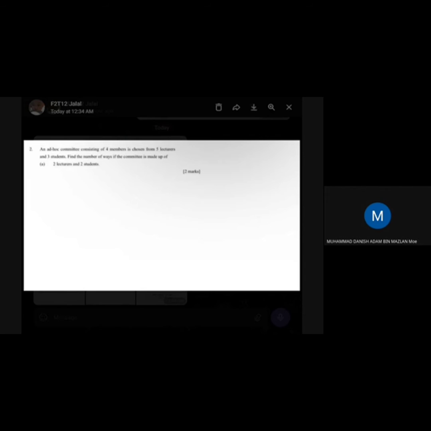For 2A, find the number of ways if the committee is made up of 2 lecturers and 2 students.